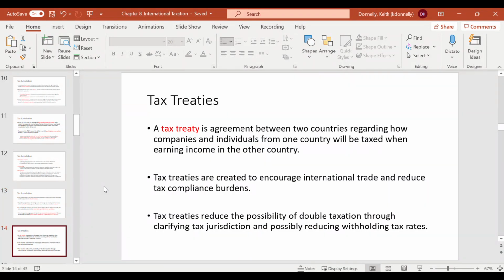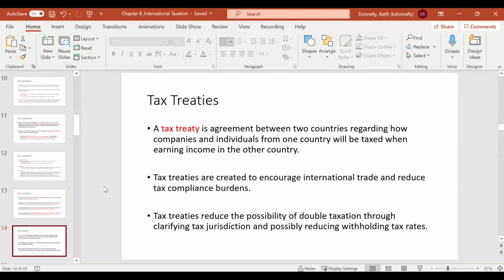We'll talk about some of those later on in the chapter, but let's move to the next point with tax treaties. Again, we're just talking a high-level overview of the different items that come into play with international taxation. A tax treaty is an agreement between two countries regarding how companies and individuals from one country will be taxed when earning income in the other country.